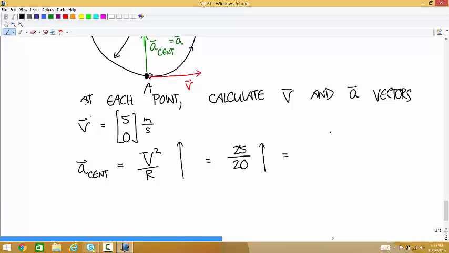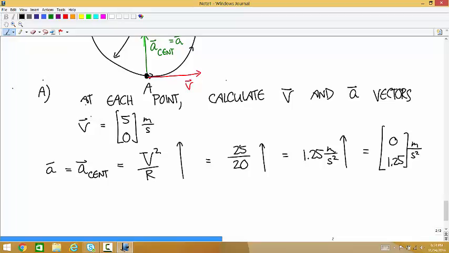So that is 5/4, 1.25 meters per second squared in the positive y direction. And so in components, that's 0, 1.25. Since this is uniform circular motion, the total acceleration is equal to that centripetal. So that's at the point A.